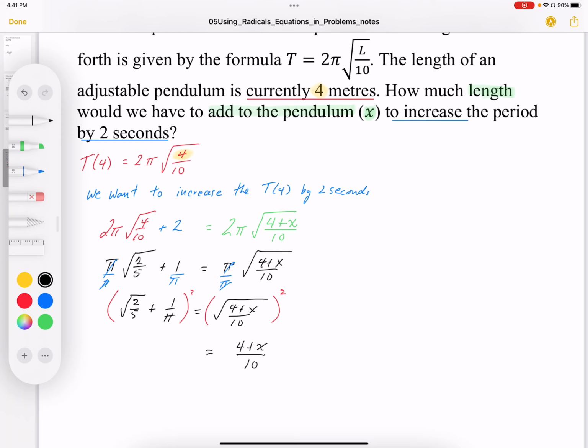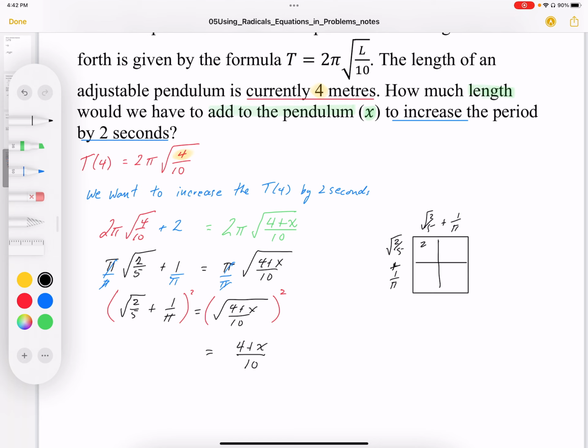And on the left-hand side, I have to remember that I have to expand this all out. So when I expand this out, I've got to remember I'm multiplying binomials. So I end up with root 2 over 5 plus 1 over pi, times root 2 over 5 plus 1 over pi.